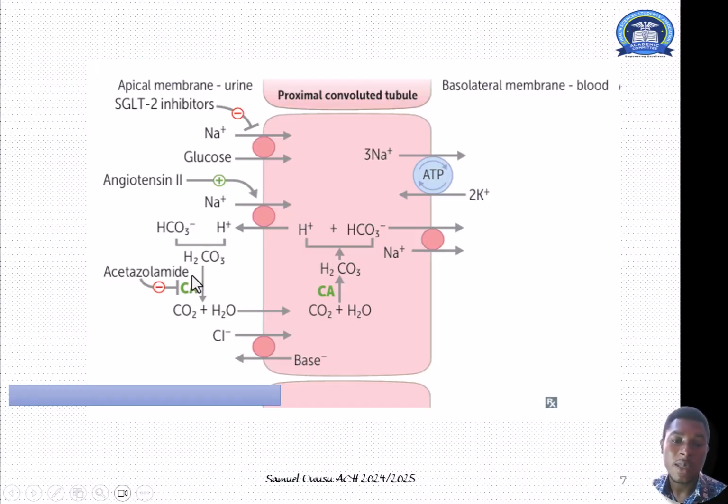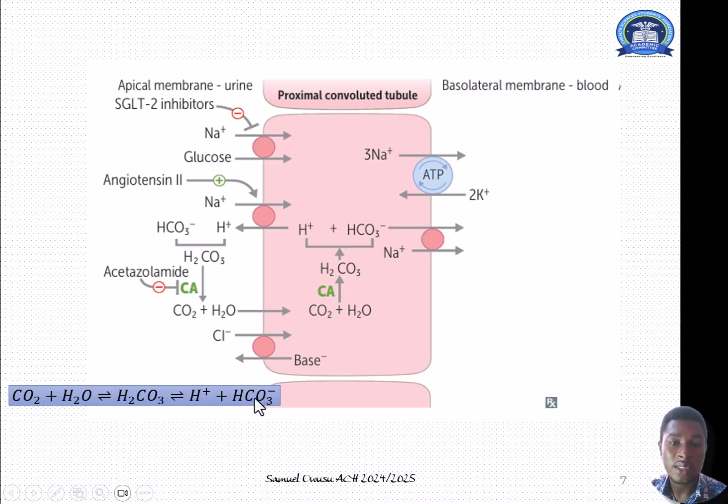So the enzyme carbonic anhydrase does two things. It helps in the conversion of carbon dioxide and water into carbonic acid, and then also breaks down the carbonic acid into H plus ions and bicarbonate ions.